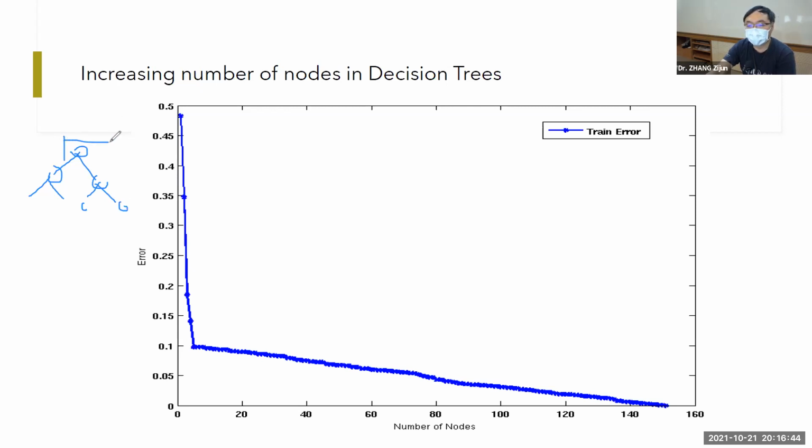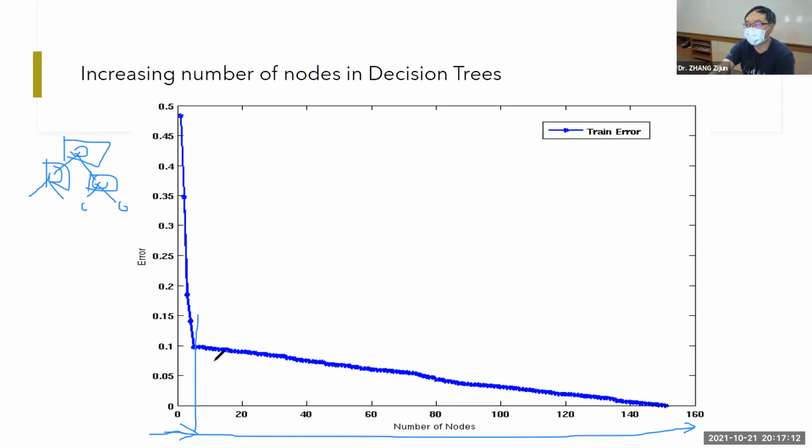So the number of nodes, we count the number of nodes. When you grow a tree, the number of nodes starts from 0, and you can continuously grow the tree by increasing the number of nodes. And most of the time you will find that the increase of nodes helps significantly decrease the error.